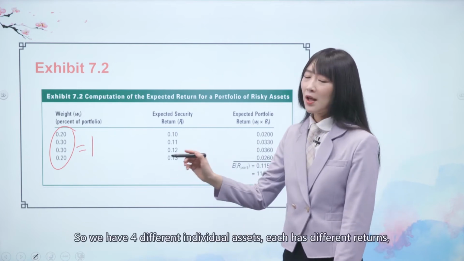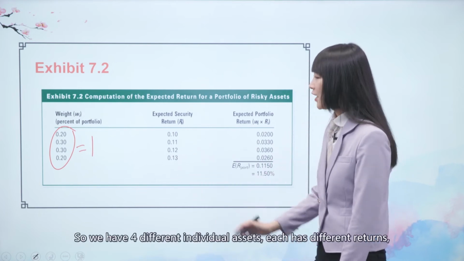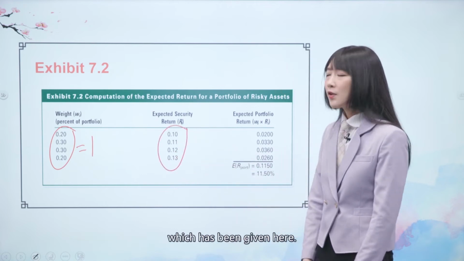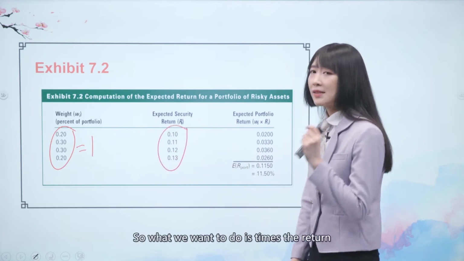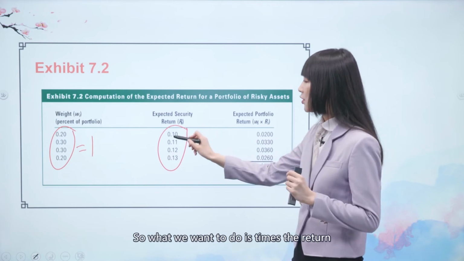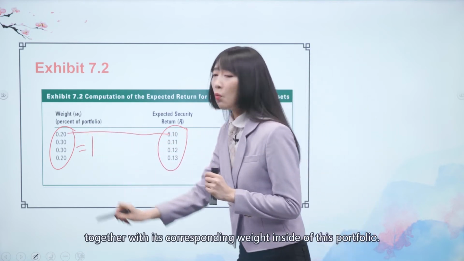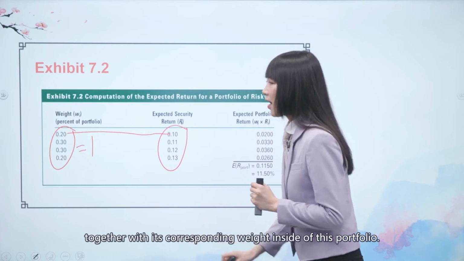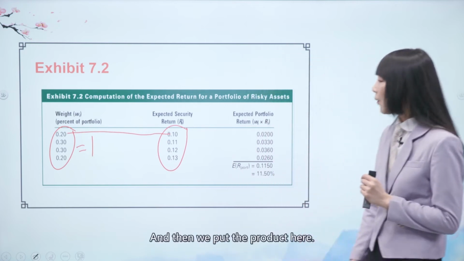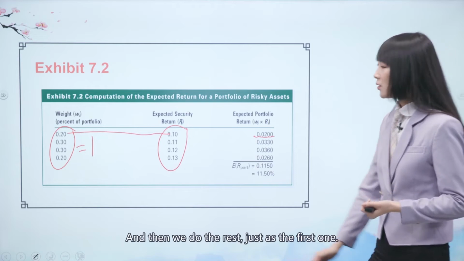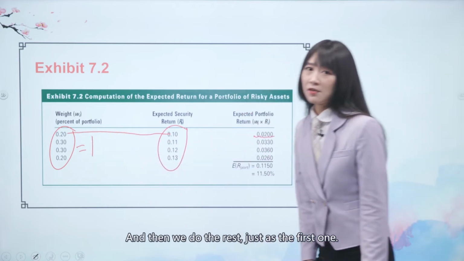So we have four different individual assets, each with different returns, which are given here. What we want to do is multiply the return by its corresponding weight inside of this portfolio. And then we put the product here. And then we do the rest just as with the first one.